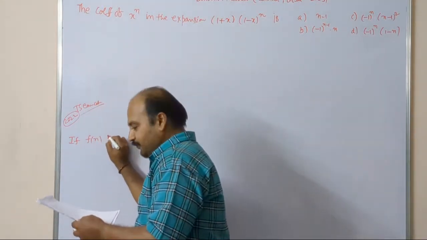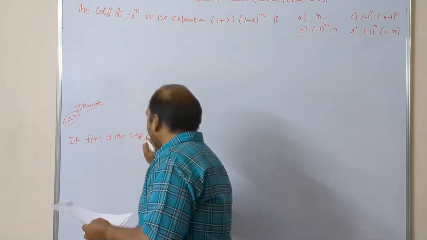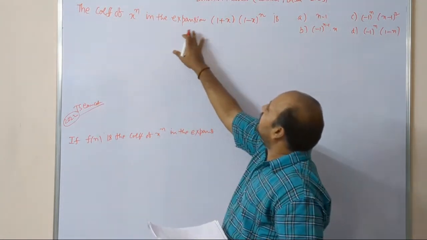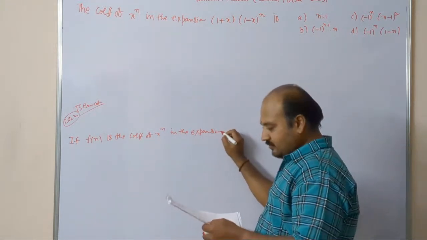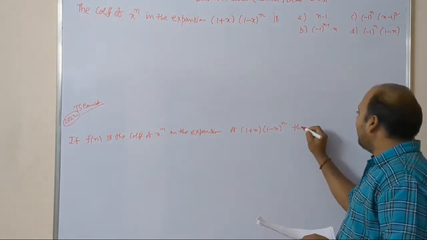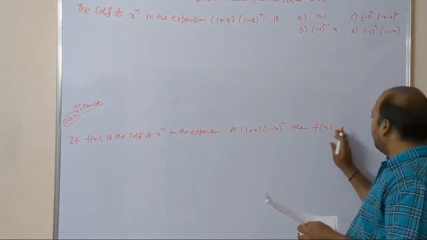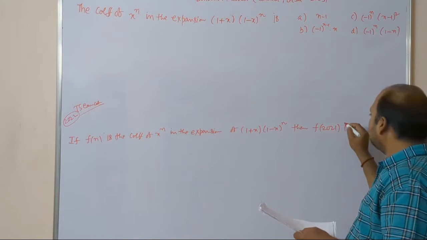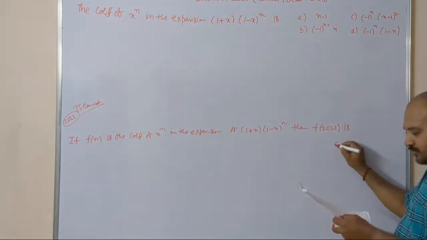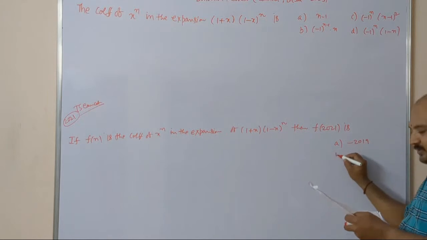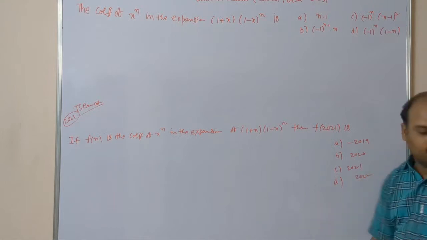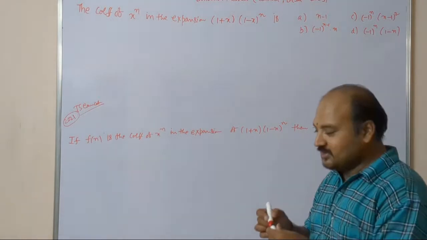If f of n is the coefficient of x power n in the expansion of (1 plus x) into (1 minus x) whole power n, then the value of f of 2021 is, this is not 2022, it is a 2021 question only, with options minus 2019, 2020, 2021 and 2022. So observe, dear students, the question I will solve now.